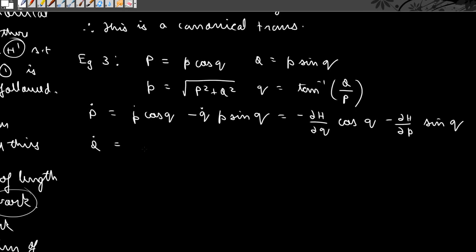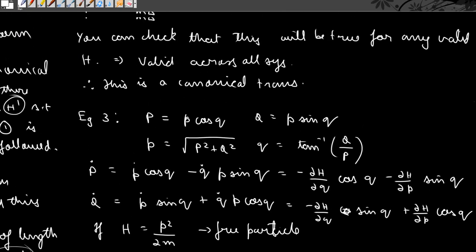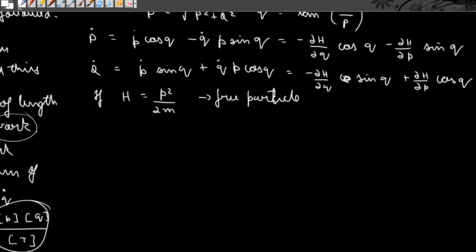Similarly, our q dot will be equal to P dot sin Q plus Q dot P cos Q, which is equal to minus ∂H/∂Q sin Q plus ∂H/∂P cos Q. Okay, now if you consider H equal to p square by 2m, which is the free particle, you can check in a similar fashion how we did here that you will indeed get the relation ∂P dot/∂P equal to minus ∂Q dot/∂Q.